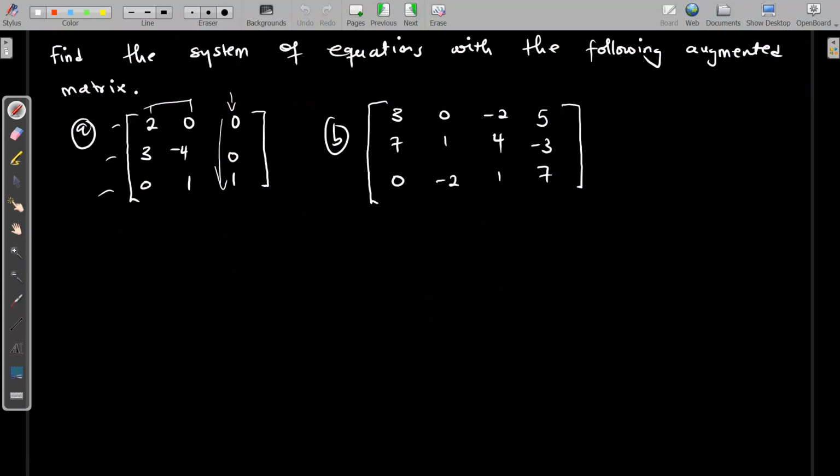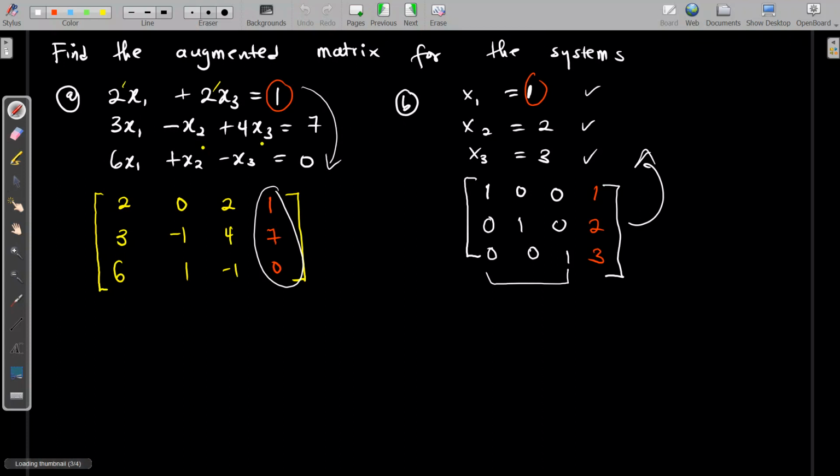If I look at the first equation, the coefficient of x1 is 2 plus 0x2. The reason I know this is just x1 and x2 is that I have only 2 columns, so only 2 variables. If you come back to the previous one, when you have 3 columns, you are dealing with 3 variables.